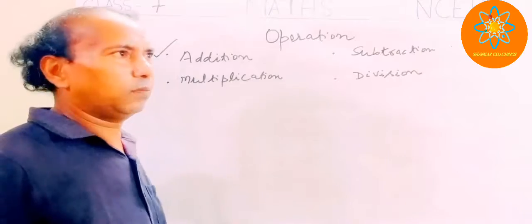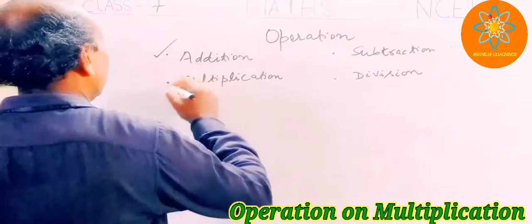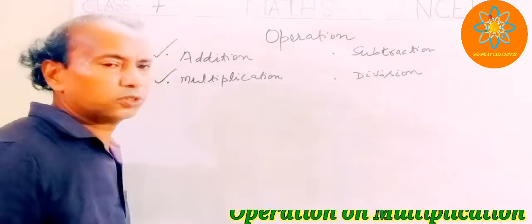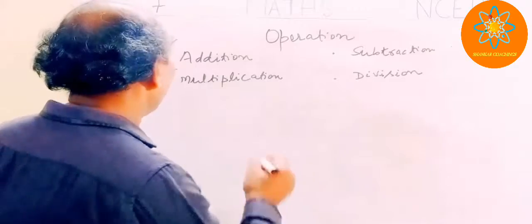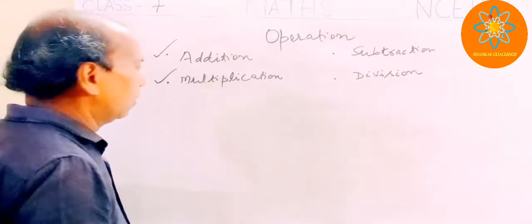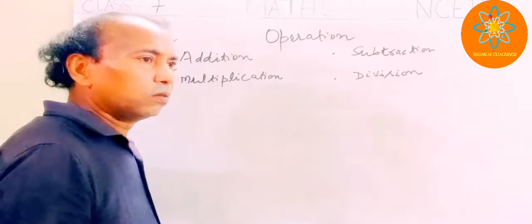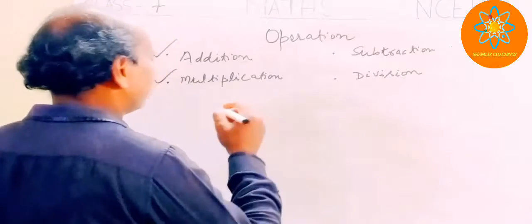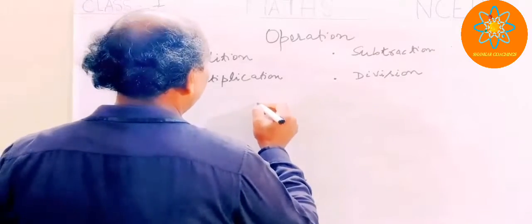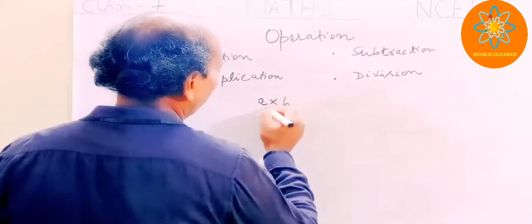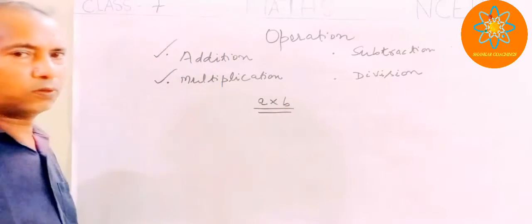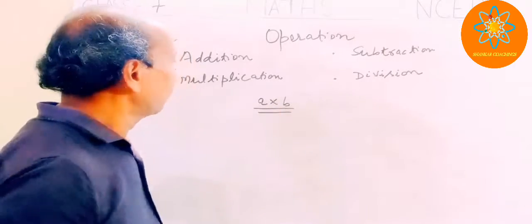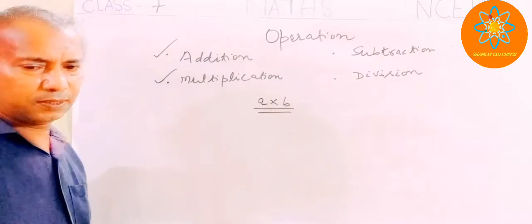Now the next one is multiplication. We will discuss the multiplication operation on integers. If we take the case of multiplication, there are different cases. Suppose two numbers A into B, and we want to multiply those integers. What are the possible cases?